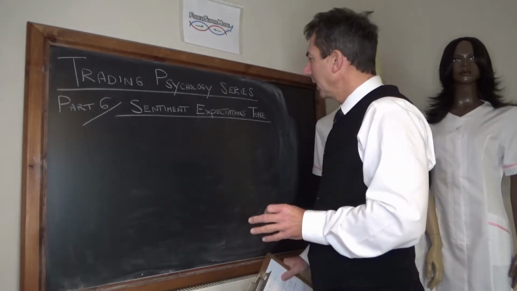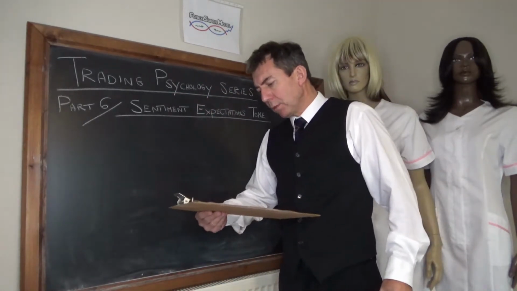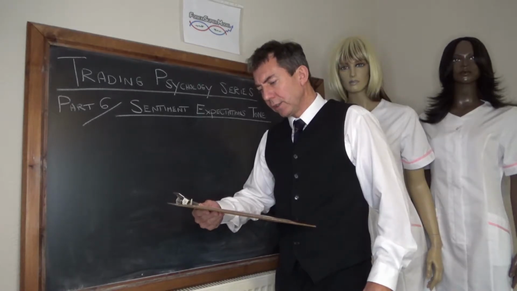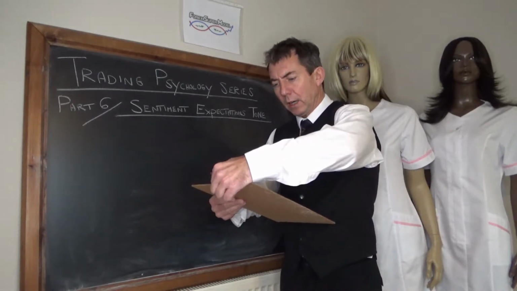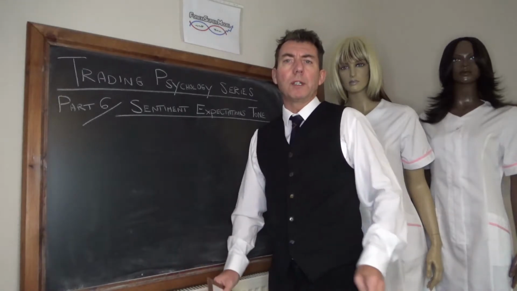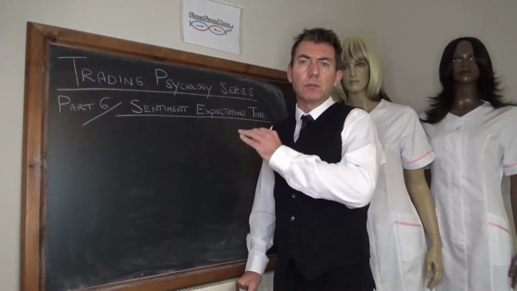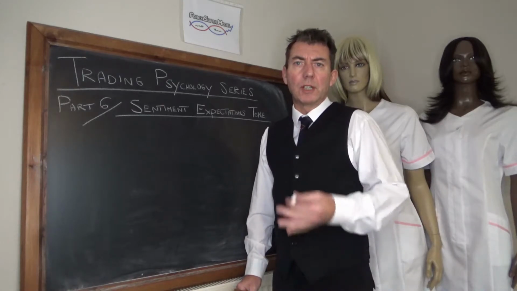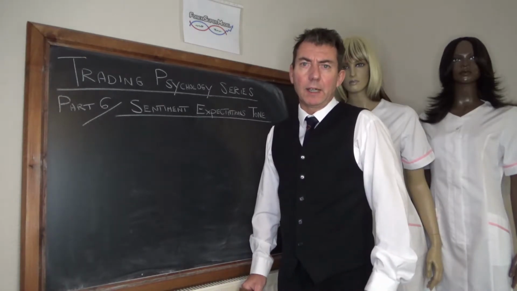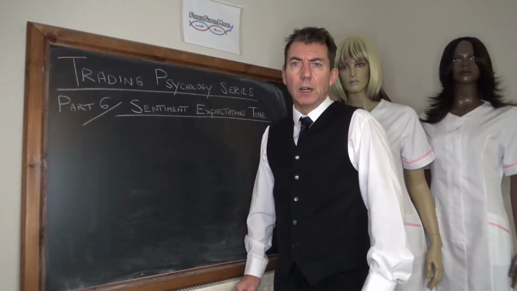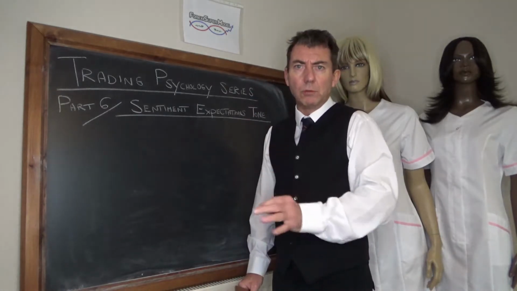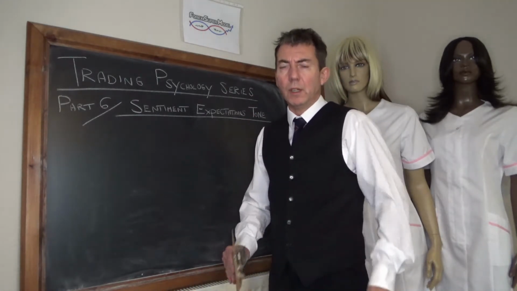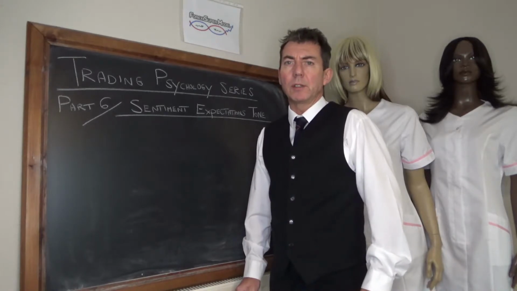So that's that. Expectations then. Well, expectations are strong beliefs about what we expect to happen. That ties in with other things like consensus views in the economic calendar, as well as more wishy-washy expectations of other things happening in the markets.